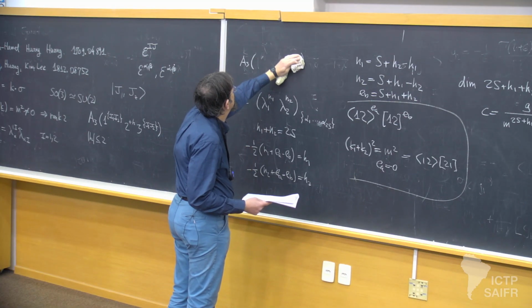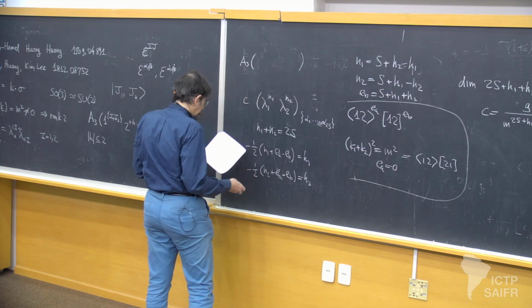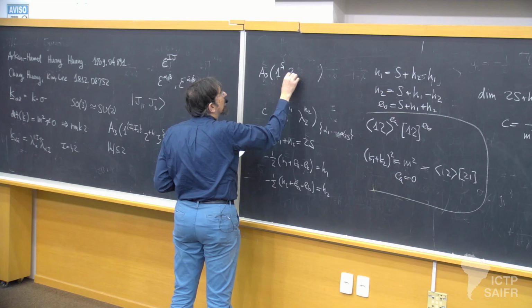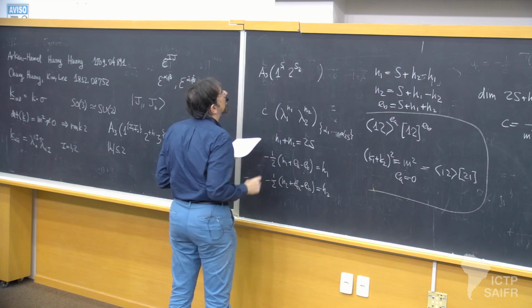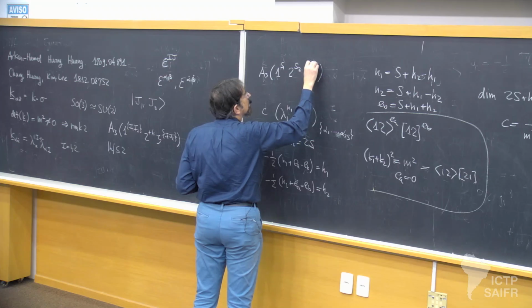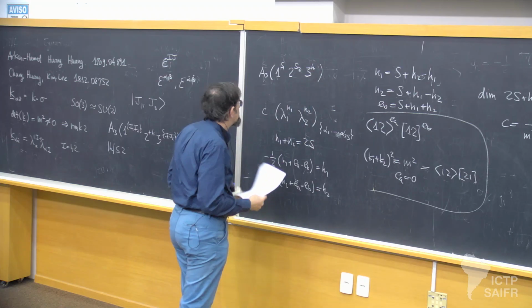And just for symmetry's sake, I'm going to still retain the 2. Now I'll put the 2 massive ones as particles 1 and 2, and the massless one as particle 3.